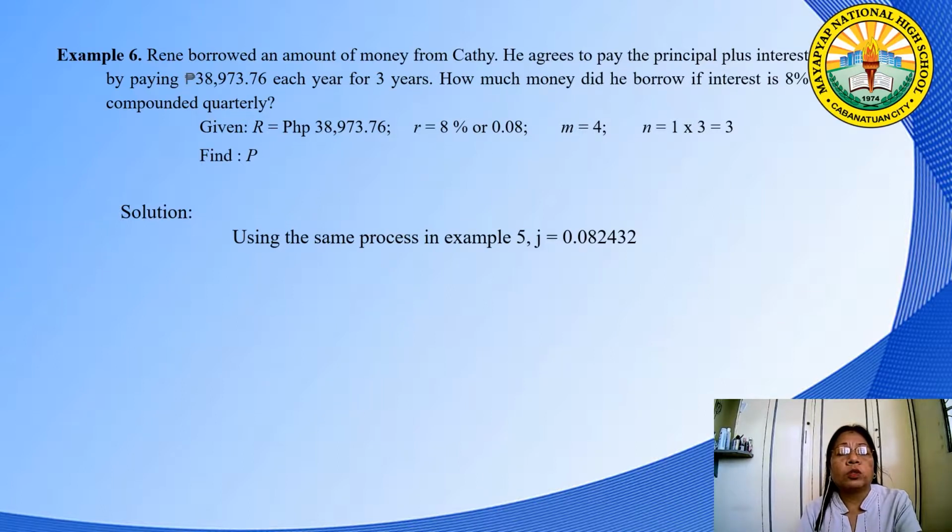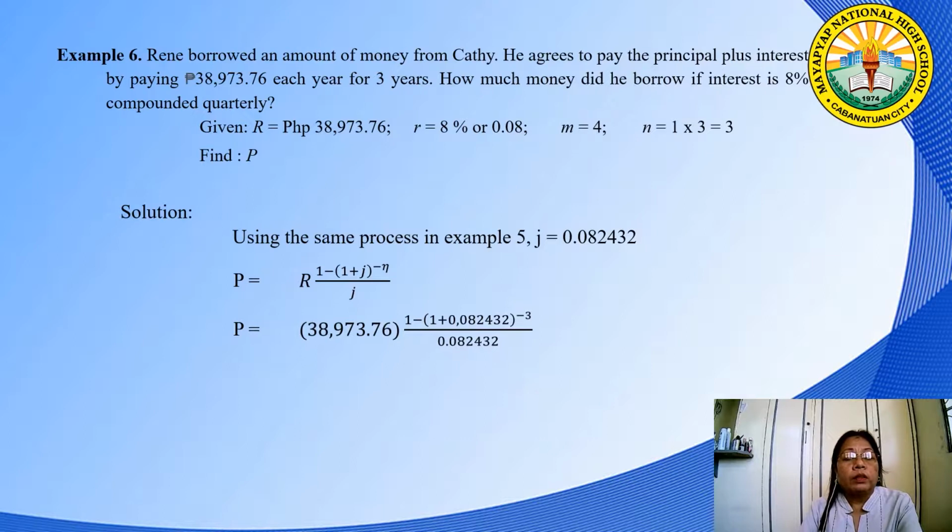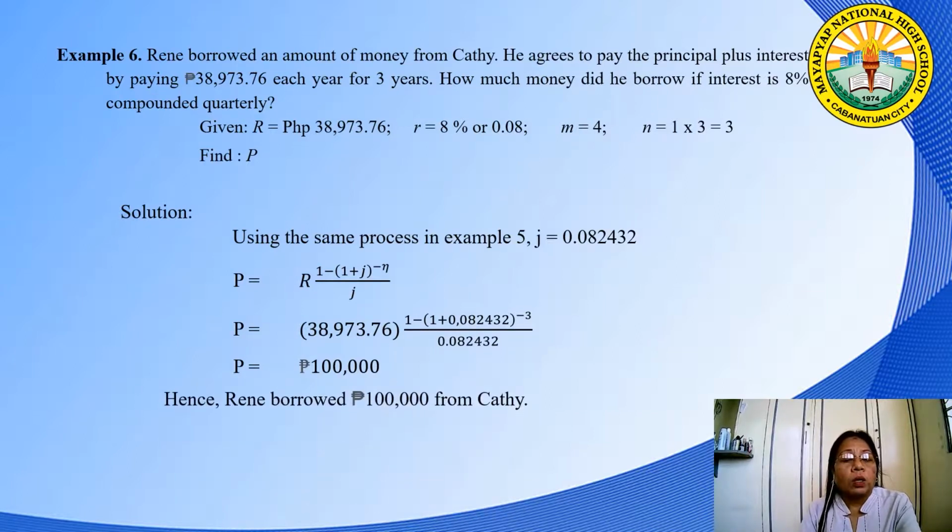Then substituting all the given values in the formula to solve for the present value of general annuity, P equals R times 1 minus quantity 1 plus J raised to negative N all over J. So our P is equal to 100,000 pesos. Hence, Rene borrowed 100,000 from Cathy.